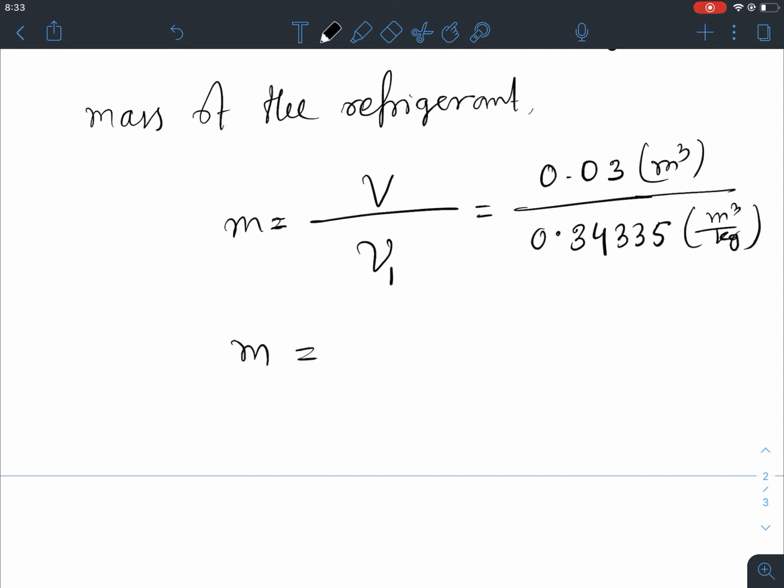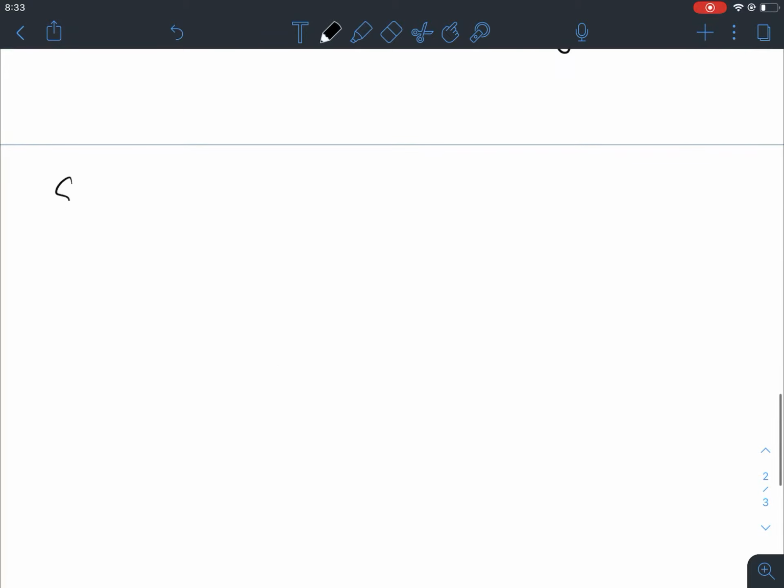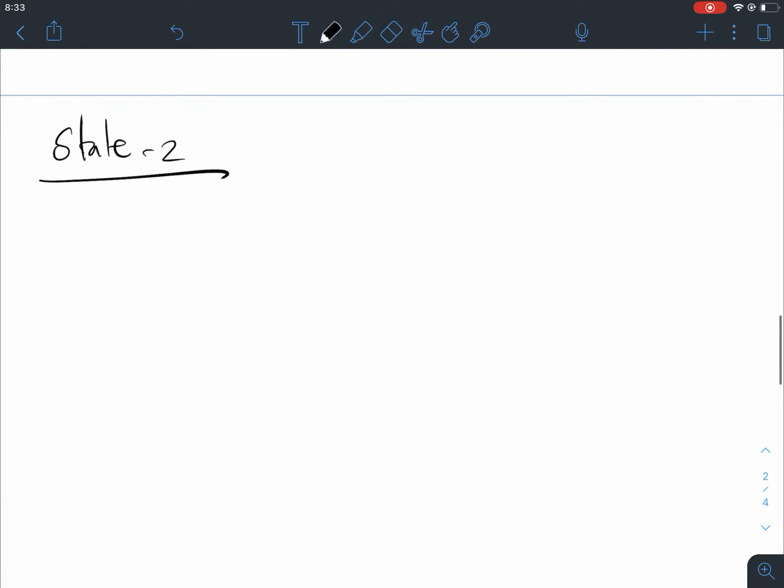So this is meter cube, and this is meter cube per kg, right? So it will become kg. So m equals 0.8737 kg, right? So this is the mass of the refrigerant. Now let's go ahead and determine the thermodynamic properties at state 2.